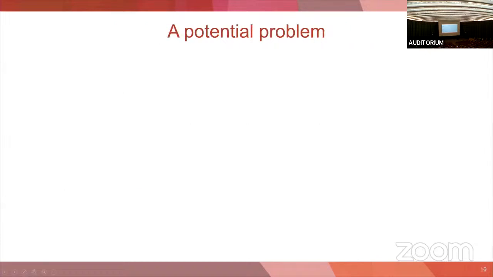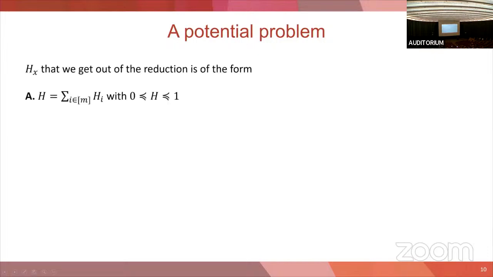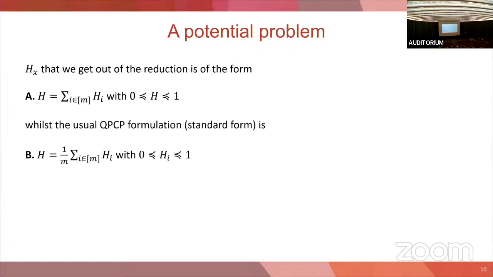However, there might be a potential problem now. The Hamiltonian we get out of this reduction is actually of the following form, which we call the A form. It's a sum of local terms Hi, but we only have a promise on the total spectrum: all its eigenvalues are between 0 and 1, so it's PSD. And of course, this implies that the local terms also have their operator norm bounded.